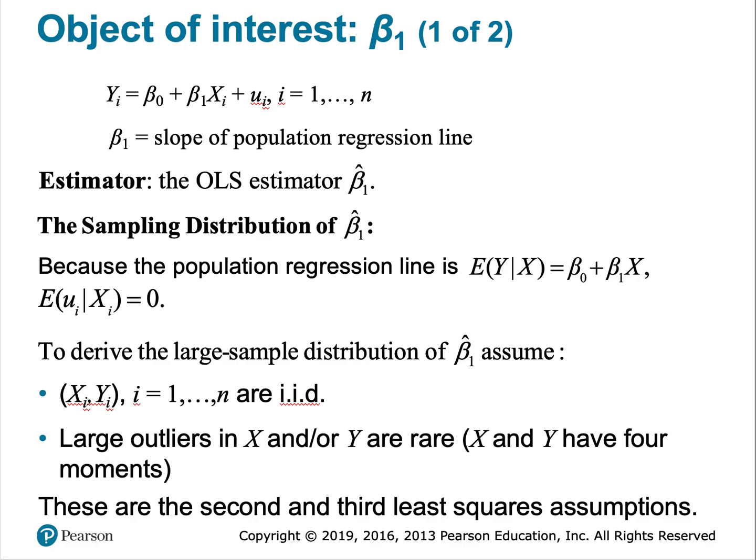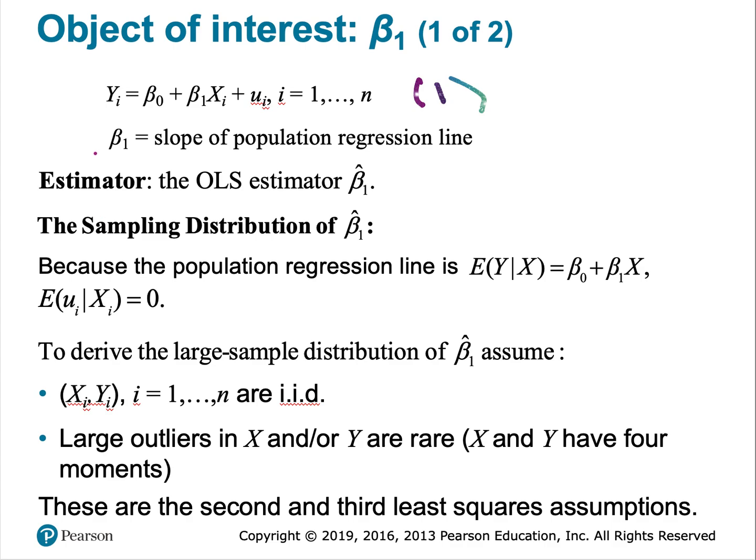Again, the object of interest is beta 1. Right, we have a population regression line. That population regression line is given by equation 1. yi equals beta naught plus beta 1 times xi plus ui for observations i equals 1 through n. We are interested in the population slope, beta 1, the slope of the population regression line.